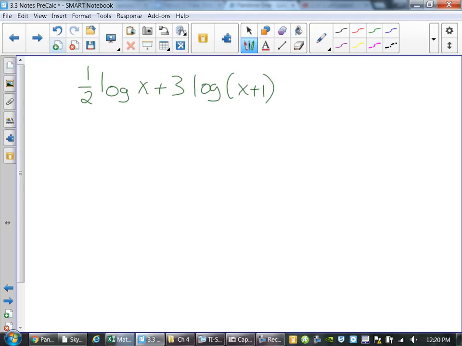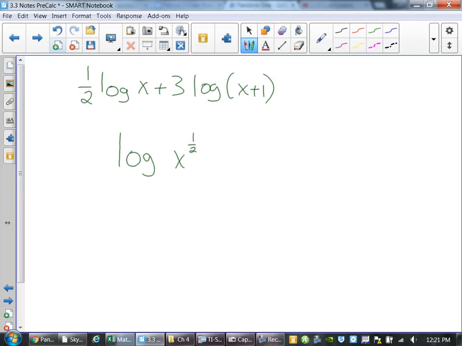If I'm condensing, it means I should finish up with how many logs? 1. So you break it into easier parts. First one you have 1/2 log of x. That means we know we're going to have a log of x to the 1/2.